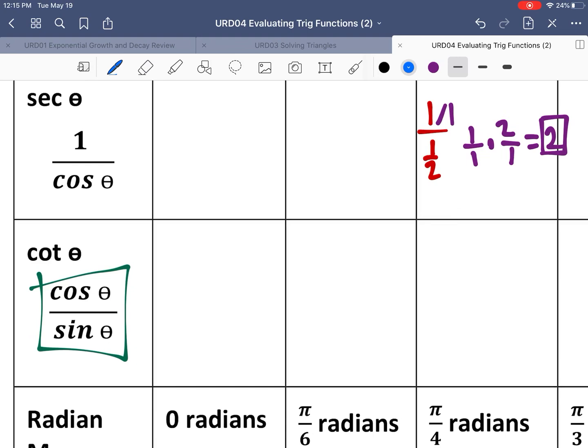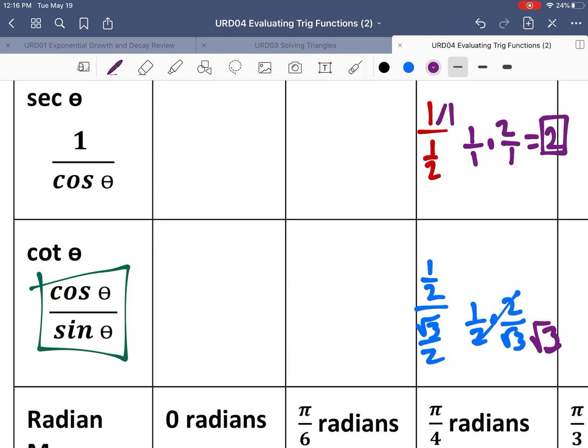So for cotangent, it's going to be the cosine divided by the sine. So that's going to be the cosine, it was 1/2, divided by the sine, which was radical 3 over 2. If I keep change flip, that's going to be 1/2 times 2 over radical 3.